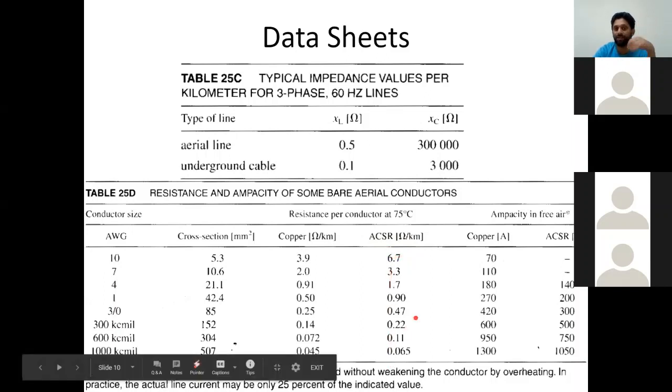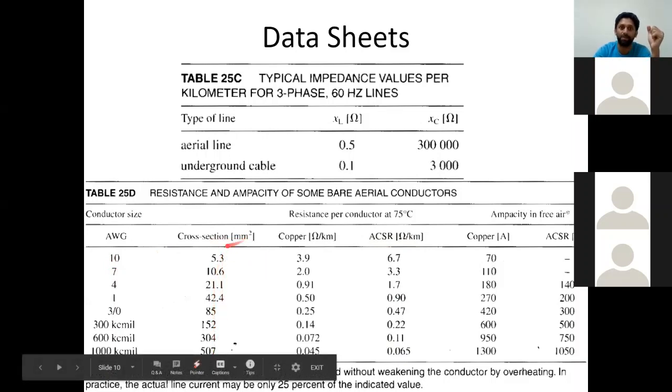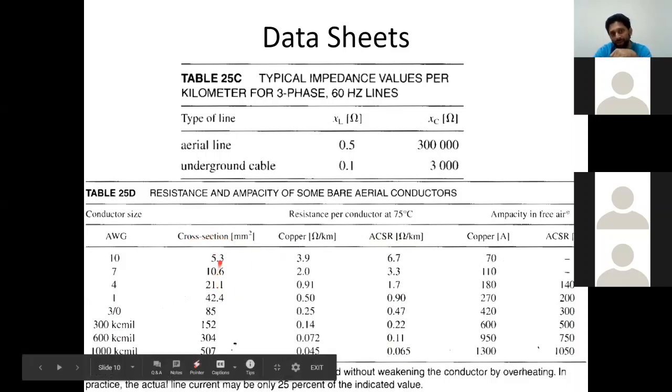These are the standard values. Similarly, wire gauge is given also. Each wire gauge has a cross-sectional area in millimeter square. Wire dimension can be specified in two different ways, either in wire gauge size or in millimeter square. So if it is in millimeter square, you have to use this table.